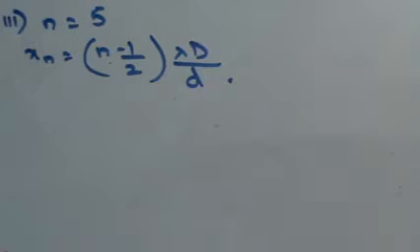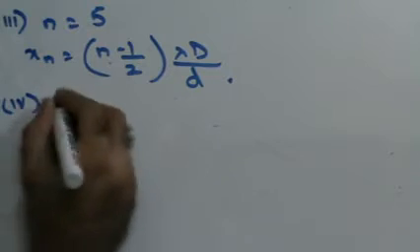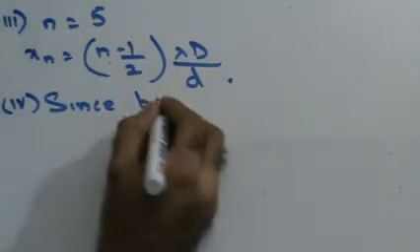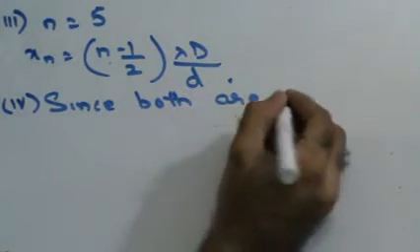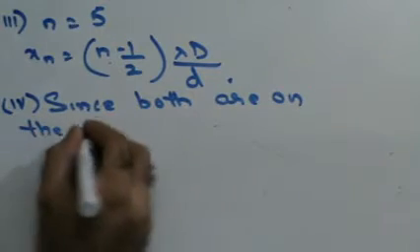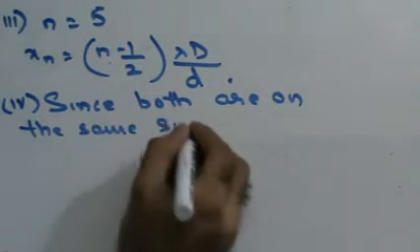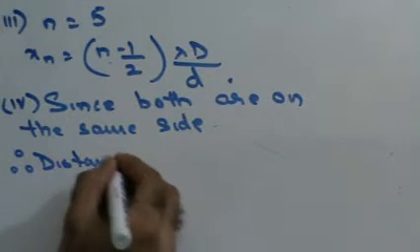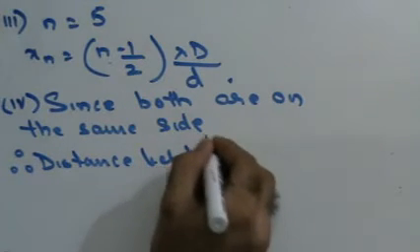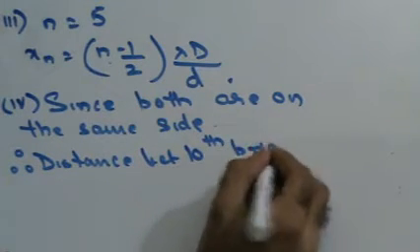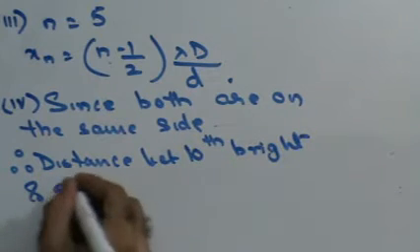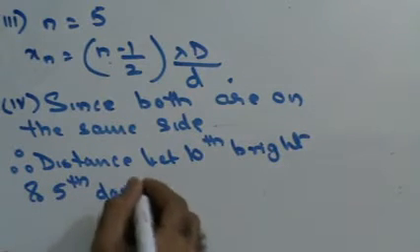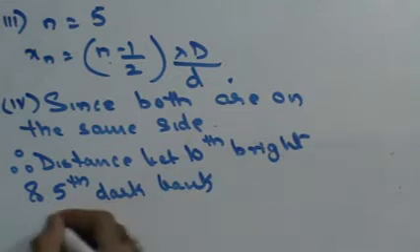Next, they said the distance between the 10th bright band and the 5th dark band on the same side. Since both are on the same side, therefore the distance between the 10th bright and 5th dark band, we have already found this out.